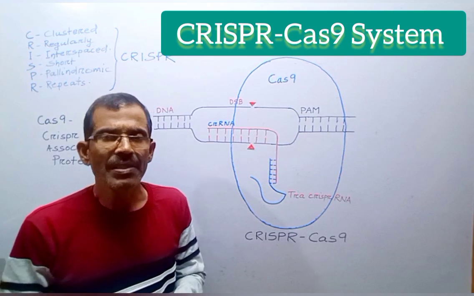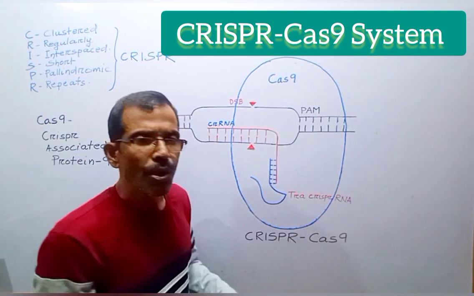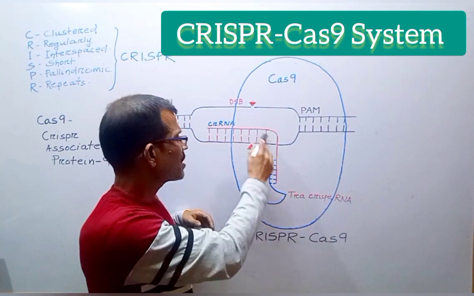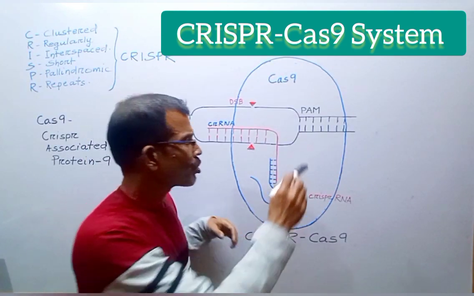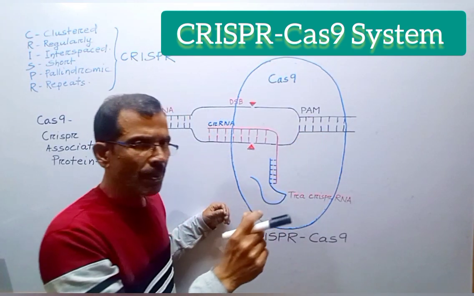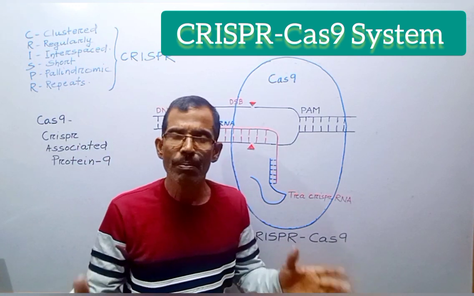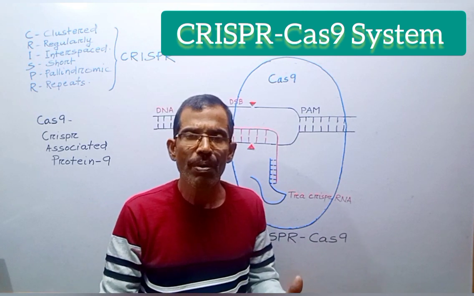As the target site recognition by Cas9 endonuclease only requires a seed sequence within the CRISPR RNA and a conserved protospacer adjacent motif, CRISPR-Cas9 system has emerged as the most flexible and user-friendly platform for genome editing.